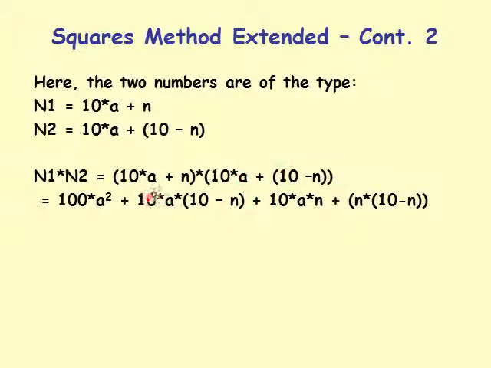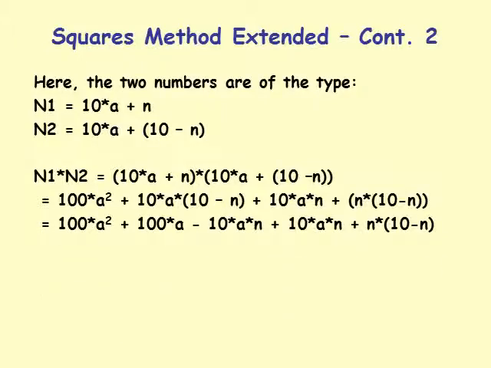This is what I got: 10a times parenthesis 10 minus n, parenthesis closed. Then I start multiplying with n here. N times 10a is 10an, and I multiply n with 10 minus n, and that is the other term here.